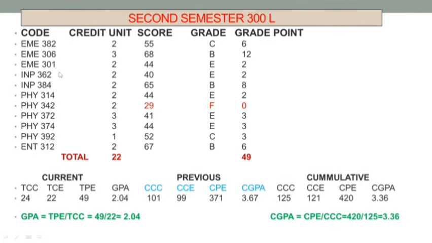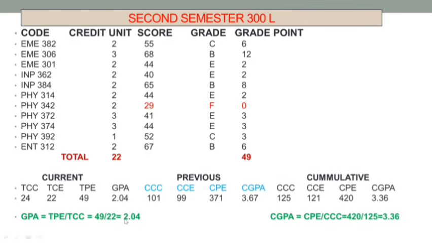Let's look at the courses that he even carried. The number of the courses: 1, 2, 3, 4, 5, 6, 7, 8, 9, 10, 11. Wow, he carried so much. So the more courses you carry, the more work you have to do. And if you don't do that, the result will be nothing to write home about.